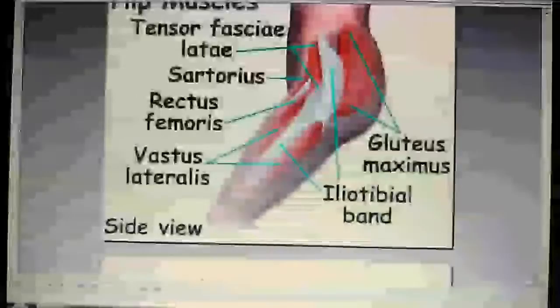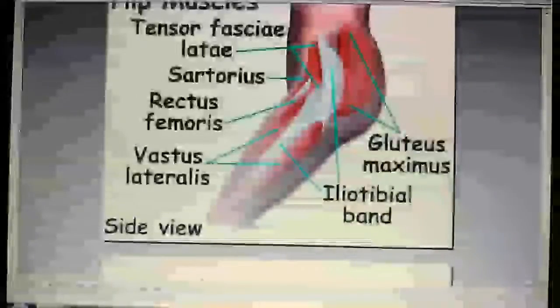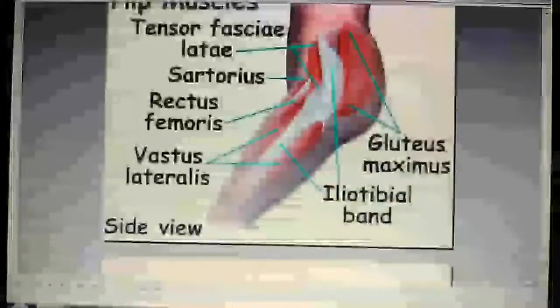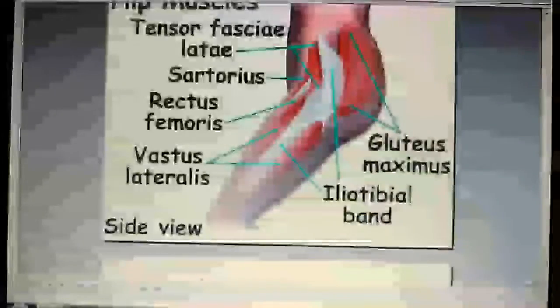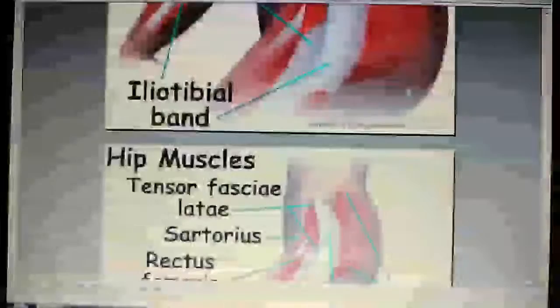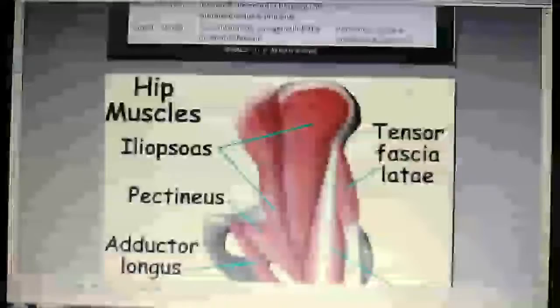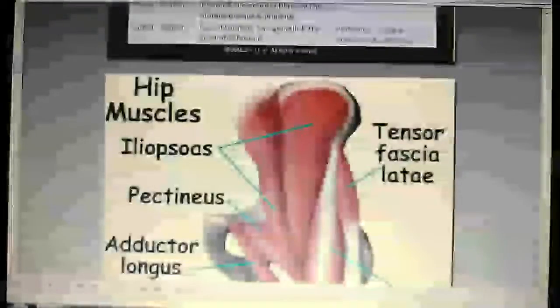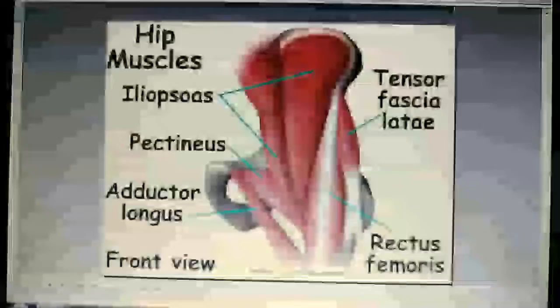This one is rectus femoris and vastus lateralis, and this one is the quadriceps muscles. Now the origins and iliopsoas major muscles.